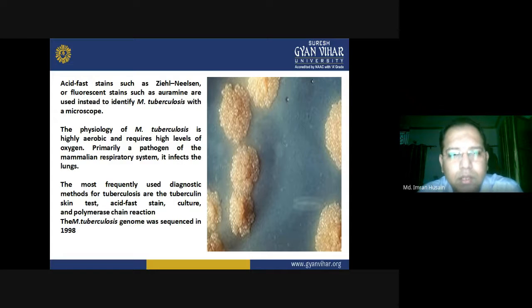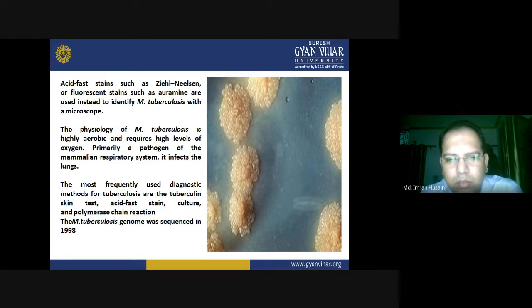So here we see that when it comes to the physiology of Mycobacterium tuberculosis, it is highly aerobic in nature. It requires a very high amount of oxygen for its survival and working, and it is primarily a pathogen of the mammalian respiratory system. It infects the lungs. So its main target is your respiratory system or lungs.